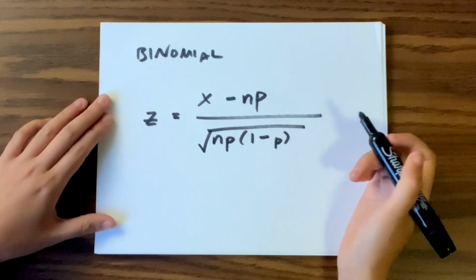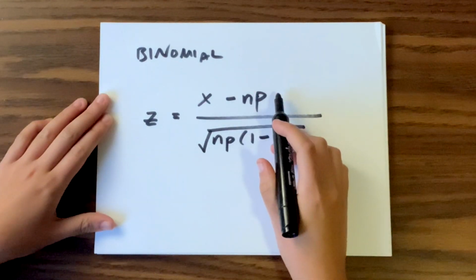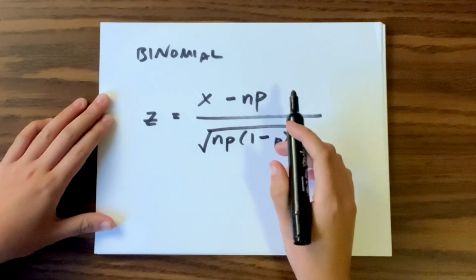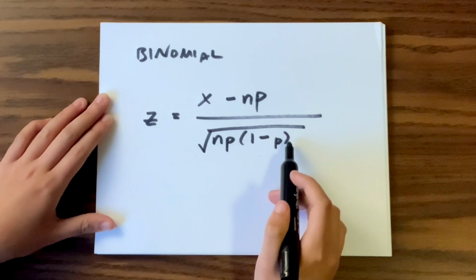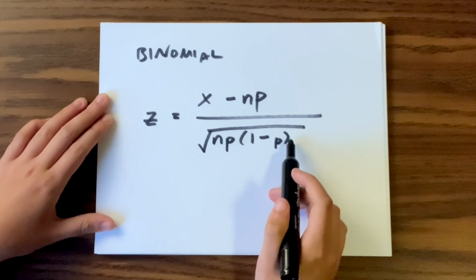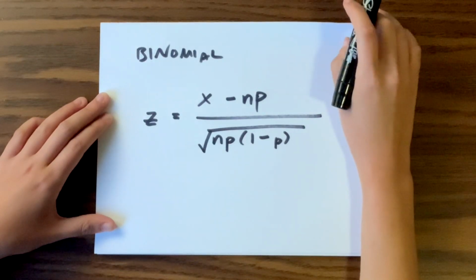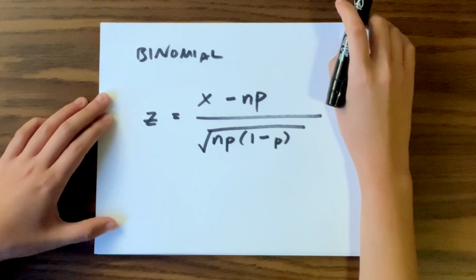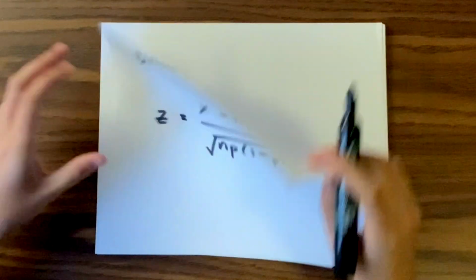And we can recall that the mean for a binomial distribution is n times p, and that the variance for a binomial distribution is n times p times 1 minus p. So if that's our variance, to find our standard deviation, we need to square root it. And that's how we standardize the normal random variable for a binomial.